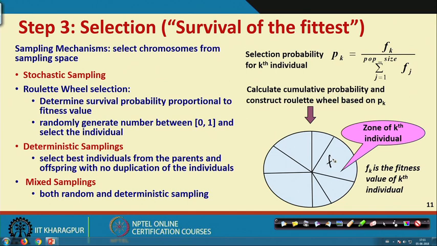Supposing this is f 1, f 2, f 3, f 4, these are the fitness values. This is the kth one, which is f 5 by the way, then f 6 and f 7. Supposing I have 7 strings, in our case we have 10.